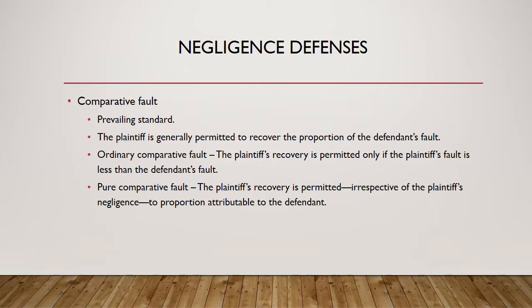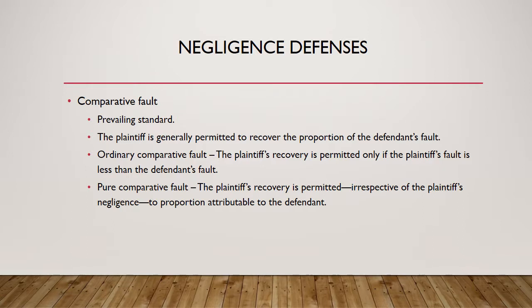If it's 49% or less under an ordinary comparative fault state, the plaintiff would be allowed to recover the proportion of the defendant's negligence. So if you have an ordinary comparative fault state and the jury decides that the actions of the defendant are 60% responsible for the accident and that the actions of the plaintiff are 40%, then the plaintiff would be entitled to 60% of the award.